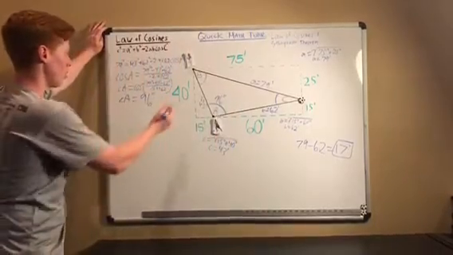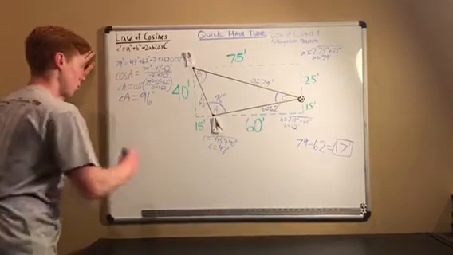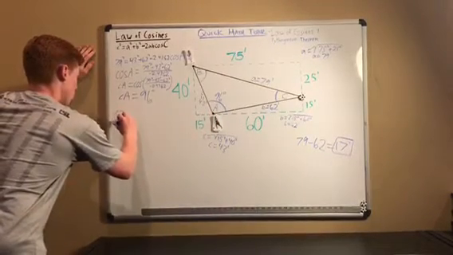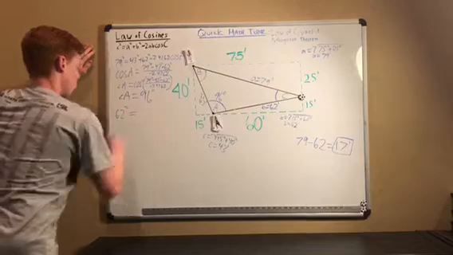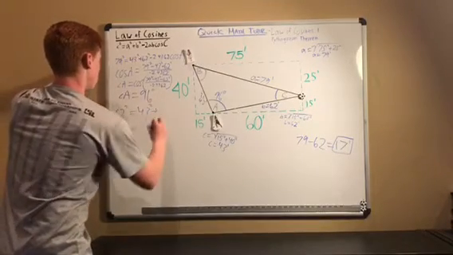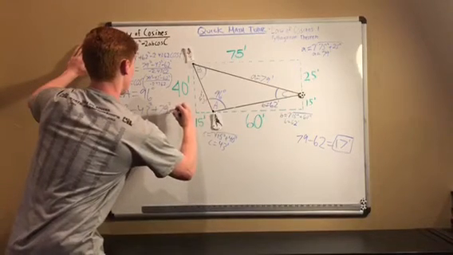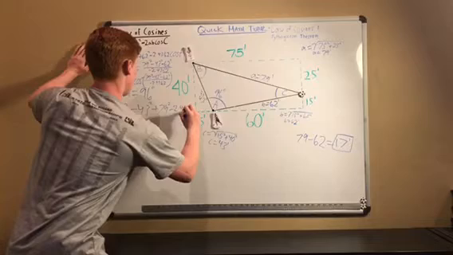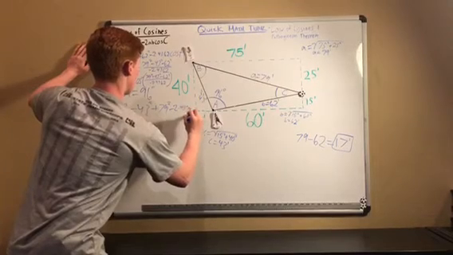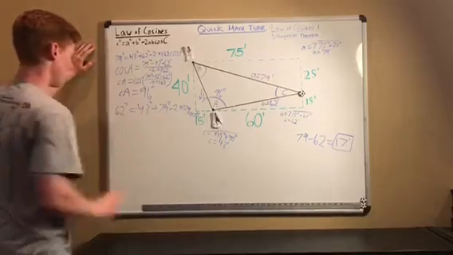Okay, next we'll find angle B. So you write the corresponding side on this side. So 62 feet squared equals 43 squared plus 79 squared minus 2 times 43 times 79 times cosine of angle B. Definitely wrote that too big right there.